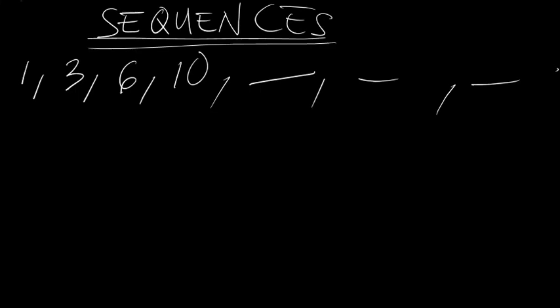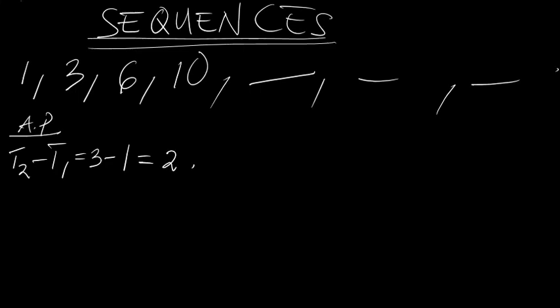Now, if we use the difference, like we are looking at arithmetic progression, is there any arithmetic progression pattern here? So now we try by looking for a common difference. Say 3 minus 1 will give us what?